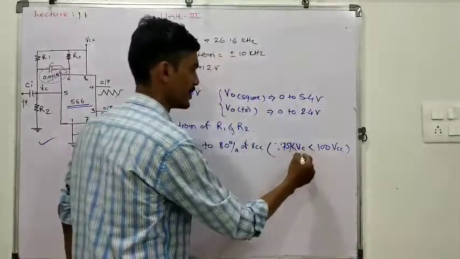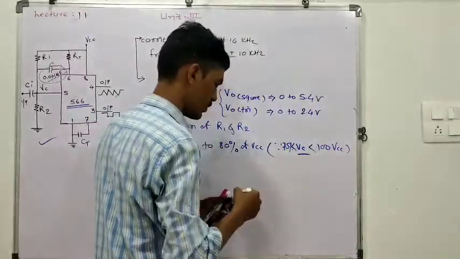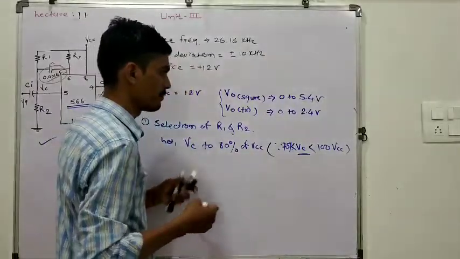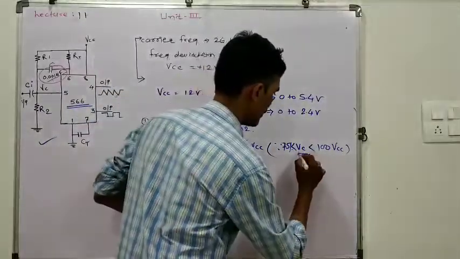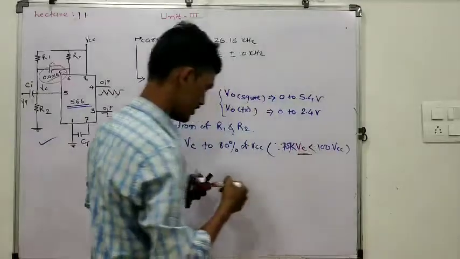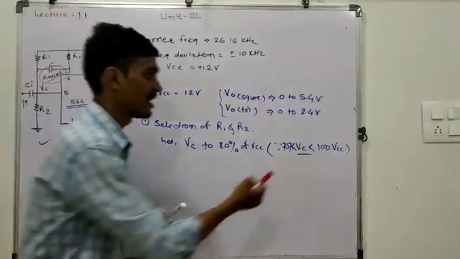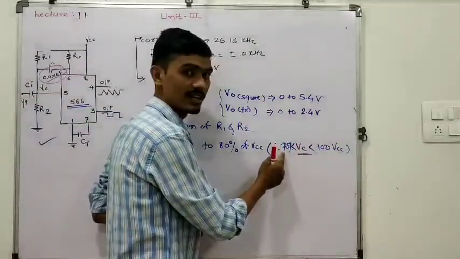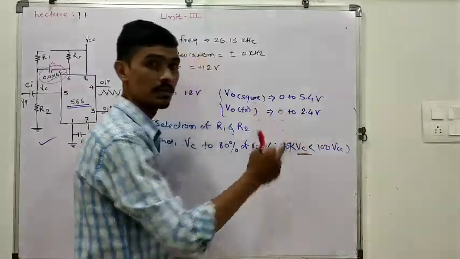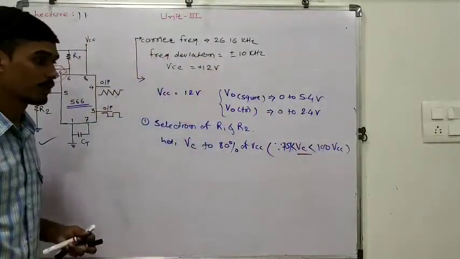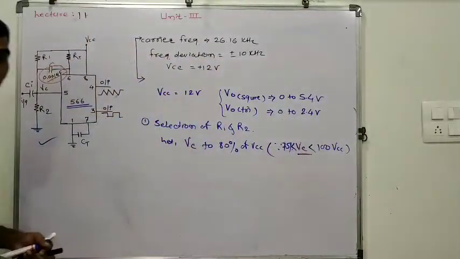So this VC value is nothing but less than 100% of VCC and greater than 75% of the VCC value. So in between that we have to select the VC.